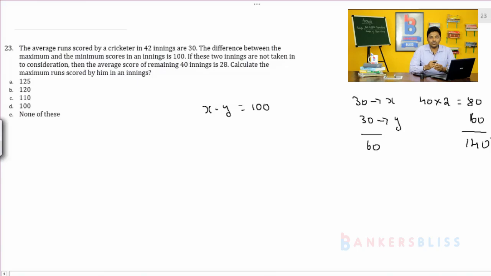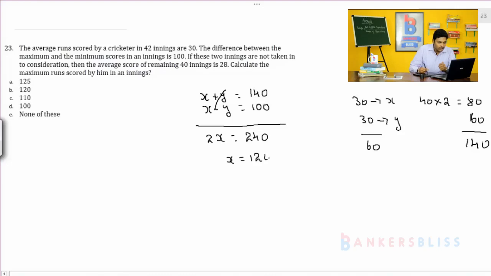So when these two members are taken out of the group, their total score was 140, meaning x plus y is 140, the maximum plus minimum is 140, and in the question itself they have given the difference in their scores is 100. So if you solve simultaneously, you will get 2x is equal to 240, then x is equal to 120. So the maximum score is 120.